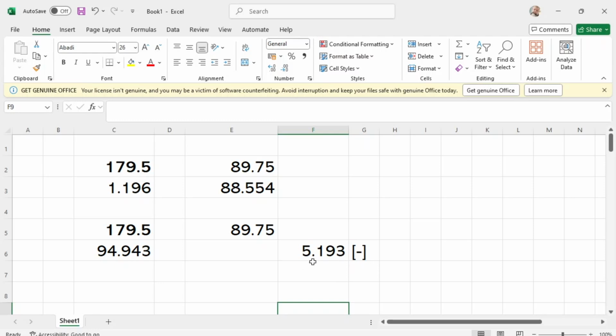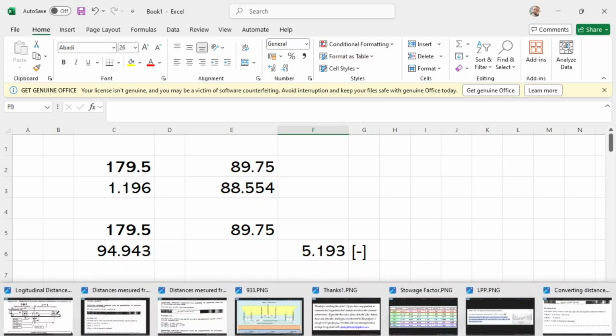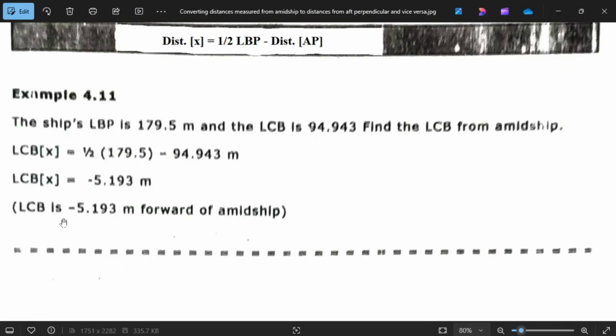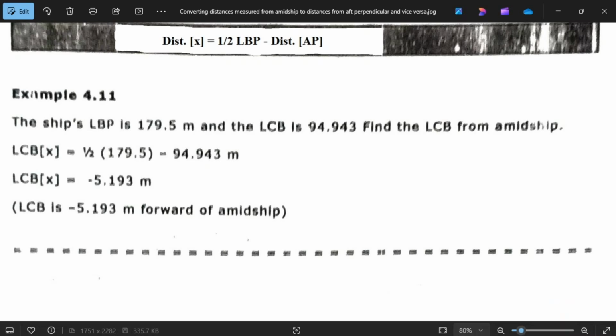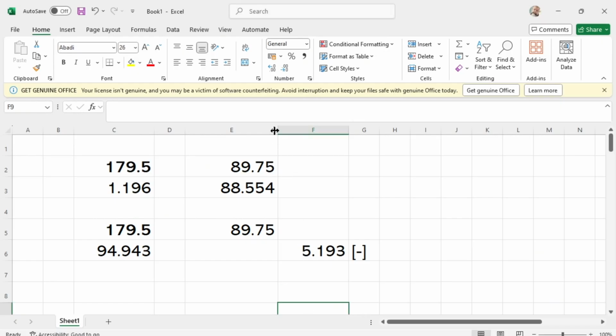That's why it's negative, and measurement from your midship forward is 5.193. So that is why the answer here is negative 5.193, forward of midship. Okay, that's clear. Okay, I hope that's clear.